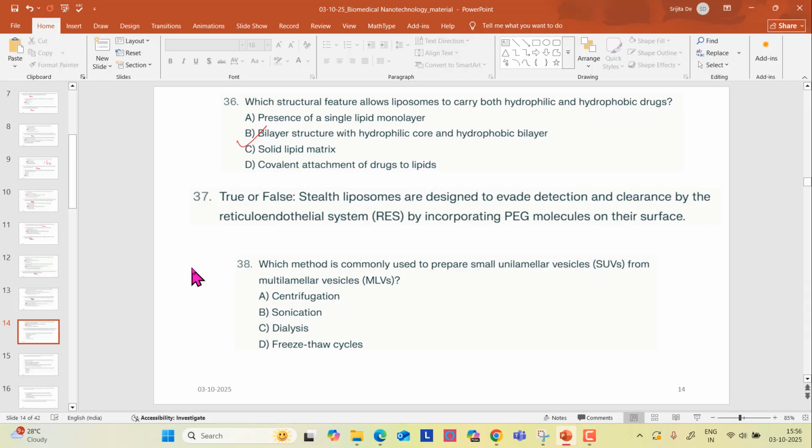So these PEG molecules are hydrophilic, so that will help them to evade the detection. So it is true.